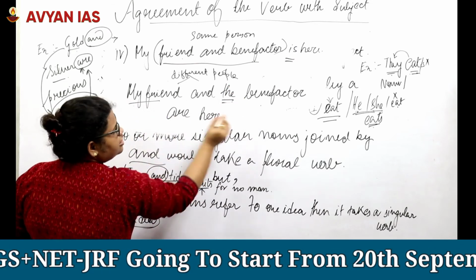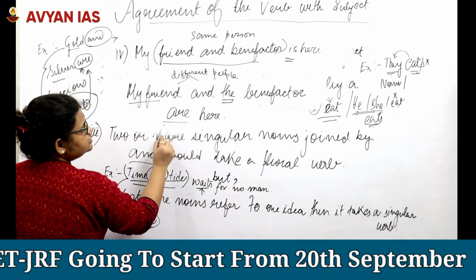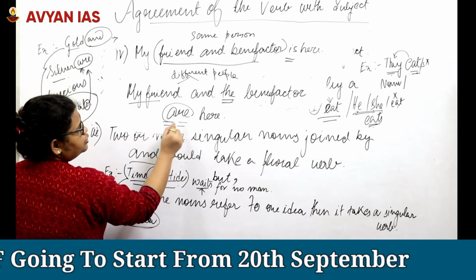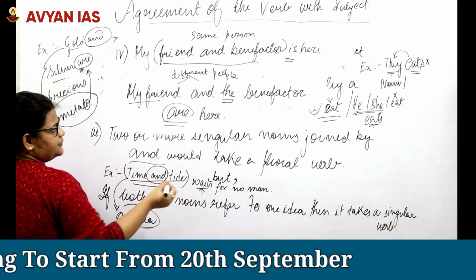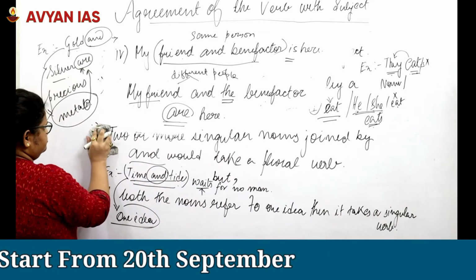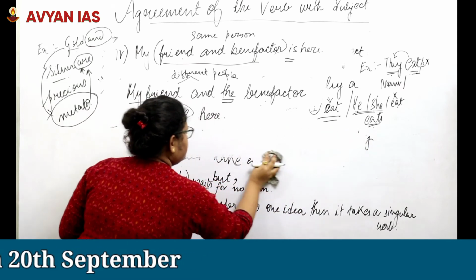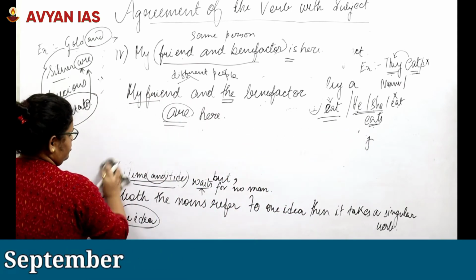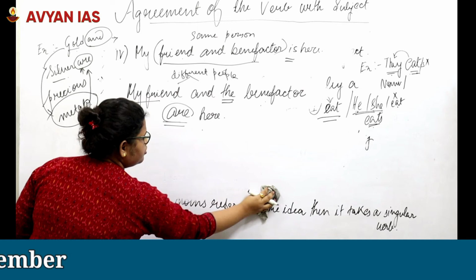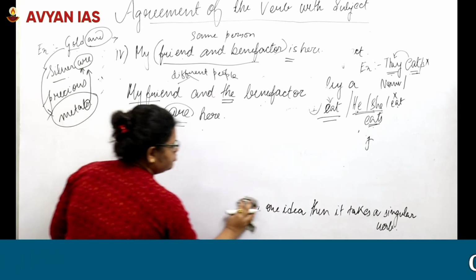So since they are talking about two different people, we will take a plural verb, right? For example, we will talk about this with one more example.